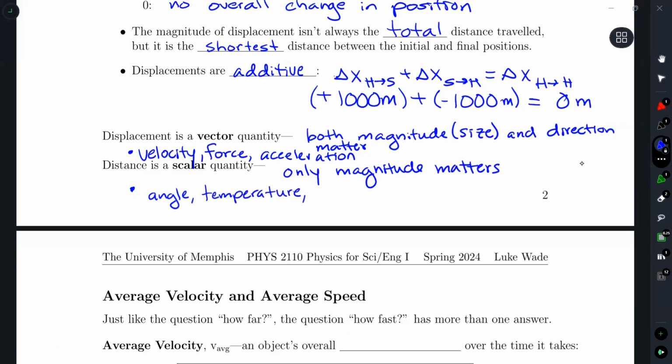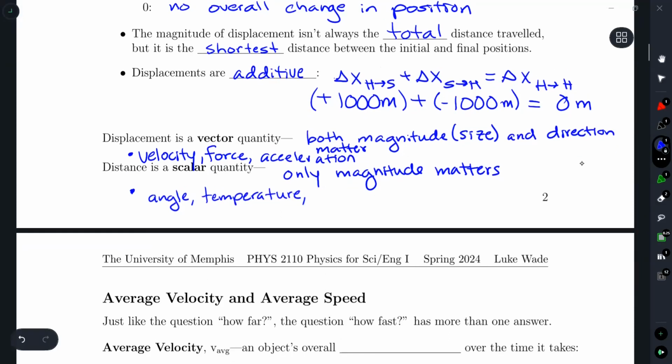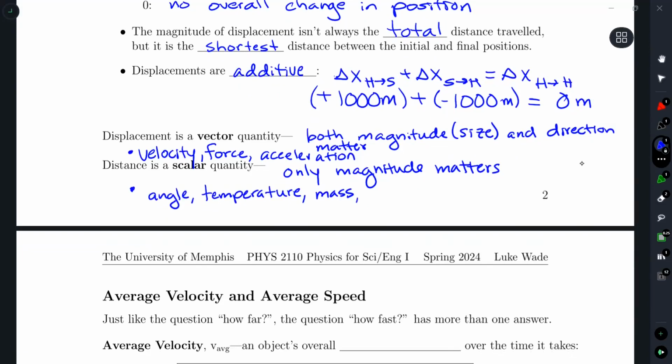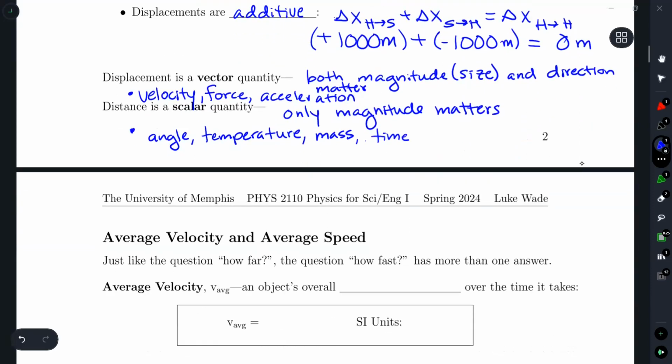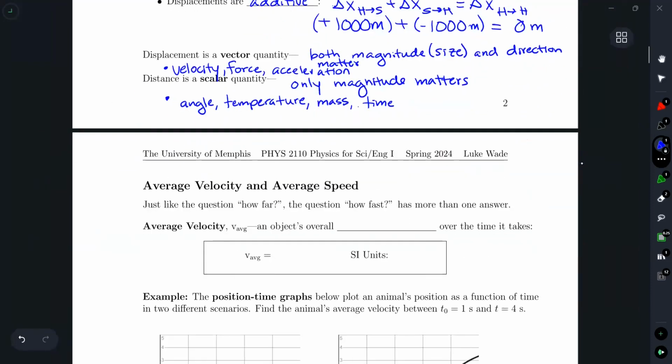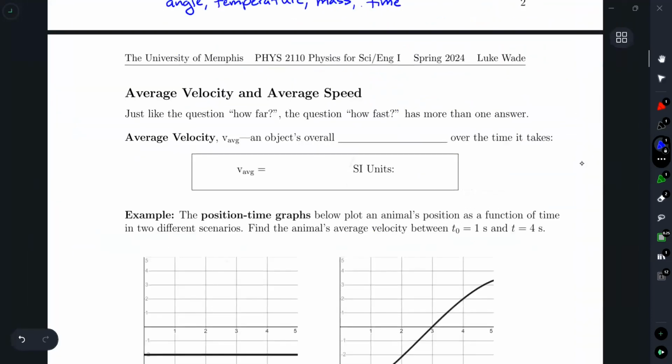That's just with reference to a particular reference point. Mass, how much stuff you got. Time, also you could argue has a forward and a backward, but usually in physics it's treated as a scalar quantity. Okay, so that's the distinction. Direction matters for vectors.